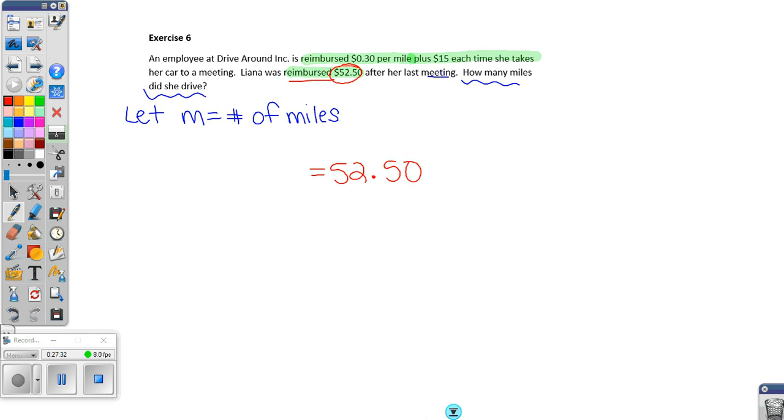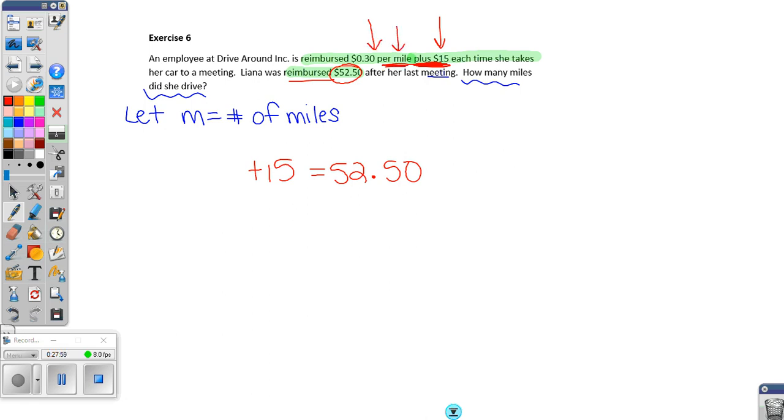How was that calculated? It says miles plus, so they added $15. I'm going to start with that. If she has to go to a meeting, they're basically automatically paying her $15. And she was also paid 30 cents for every single mile.